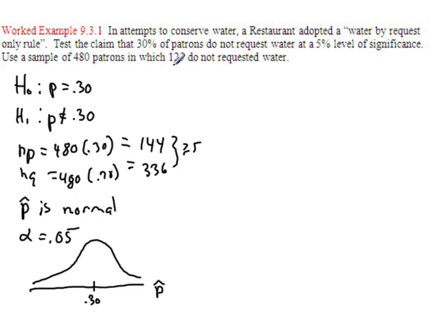We can make that into a proportion by simply dividing. So p hat is 125 divided by 480, and let's get this to 4 decimals just to be safe, and I get 0.2604.